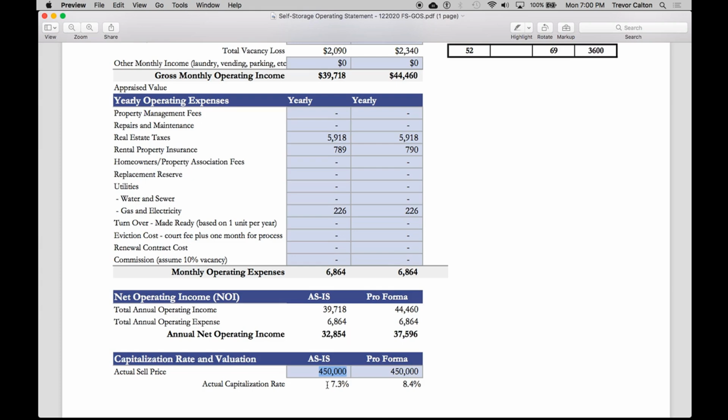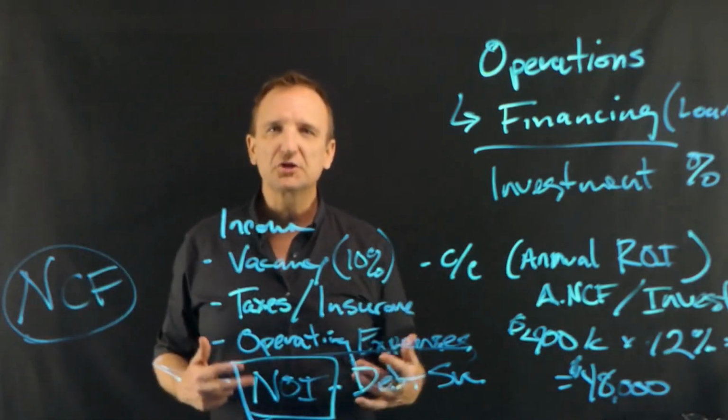The more deals that you look at, the more you will get familiar with the standard expenses that go into operating this type of business or property. It's very similar to other investments. You just have a slightly different profile because of the types of tenants and the different types of expenses. So that's just in a nutshell.